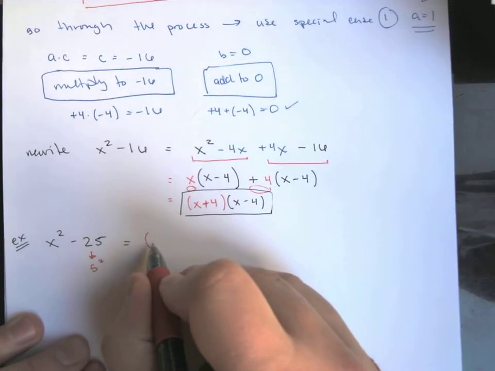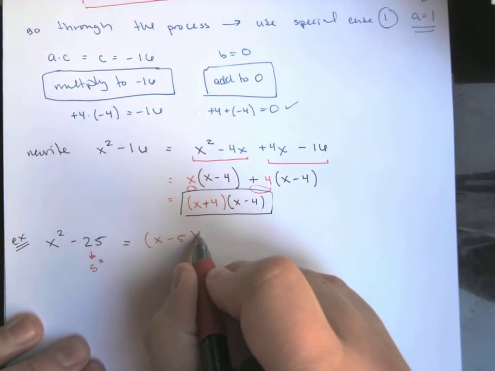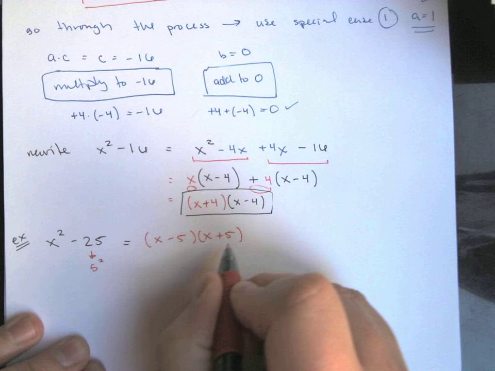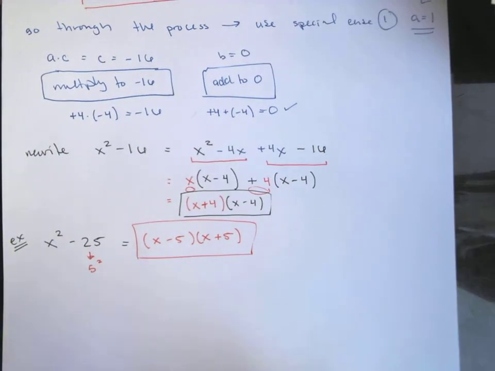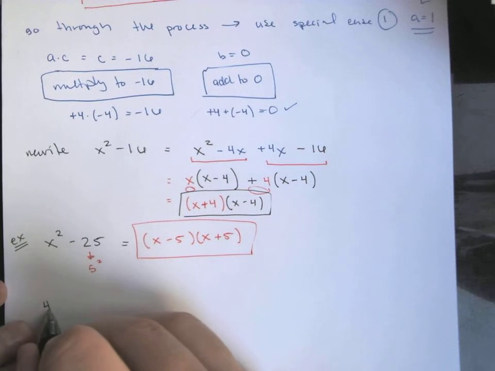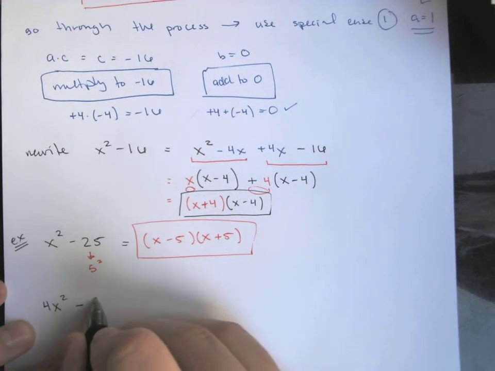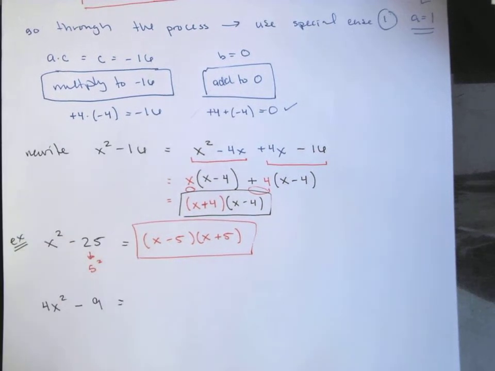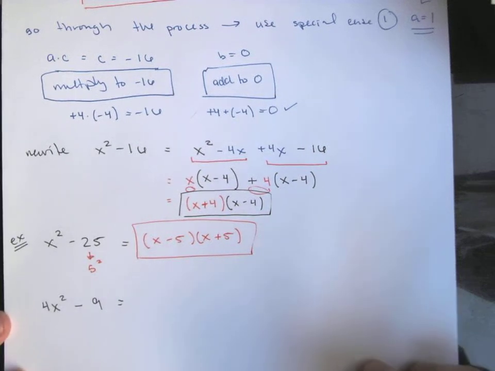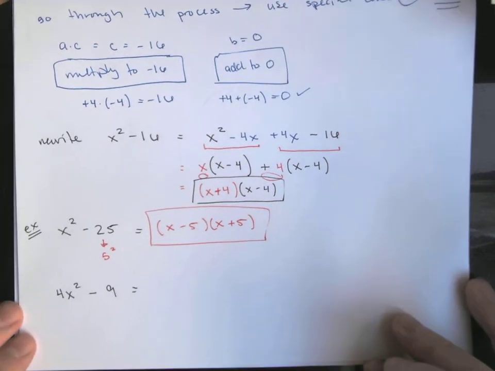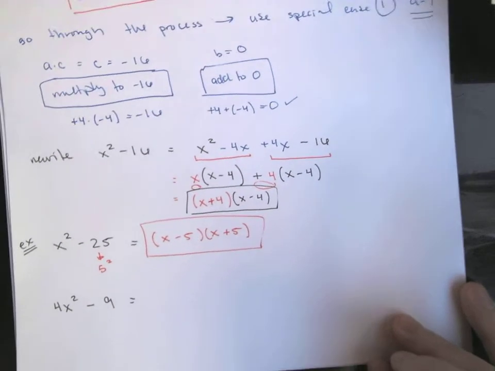So without even me really needing to run through all the steps, if I can recognize that pattern, I'm just going to jump right to x minus 5 and x plus 5. We can even get a little bit more creative if I throw some extra numbers on front. So not just x squared, but in this case a 4x squared. We're kind of getting out of our a equals 1 territory.